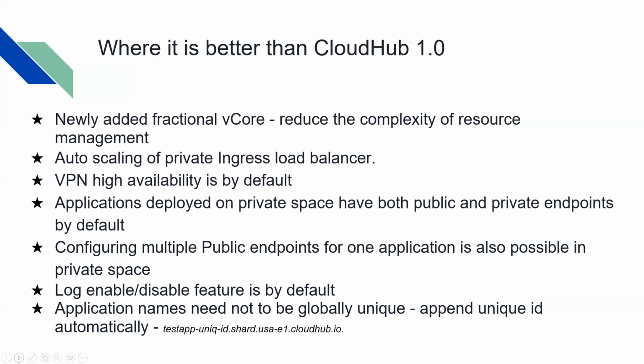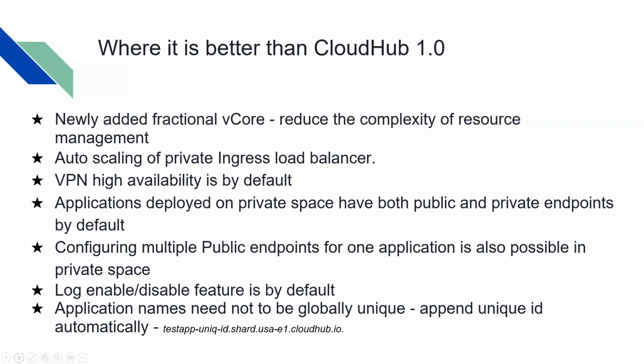When you deploy your application, it will automatically append a unique ID. That unique ID is a six-digit ID, and it will be unique for every application. Apart from that, there is a shard ID, which is specific to a private space. So every private space has another unique ID, and that will be managed by CloudHub 2.0 internally.